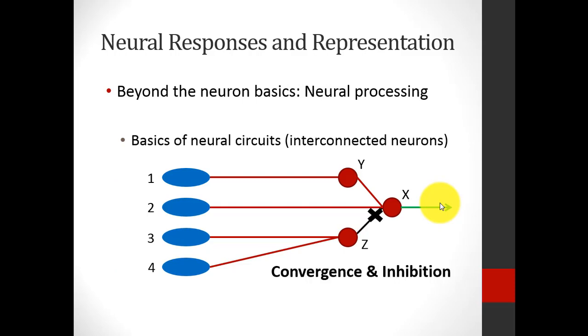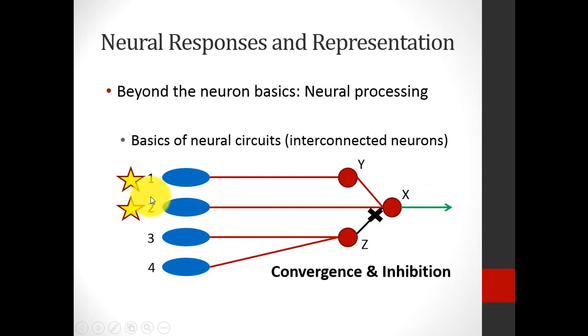Now, if we think about convergence and inhibition, the difference here is we still have our sensory receptor 2 straight to the receiving neuron X and then the signal leaving from X. But instead of convergence happening here where the black line with the X is, you have something different going on. So now if we stimulate 2, you've got the signal straight on if nothing's happening in these other receptors.